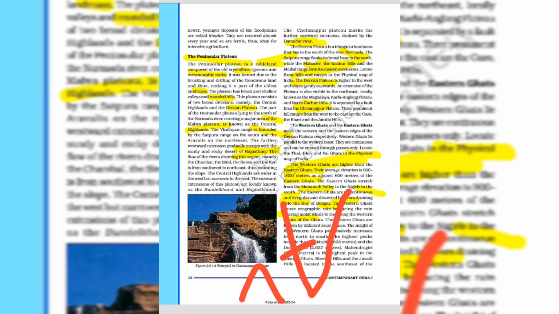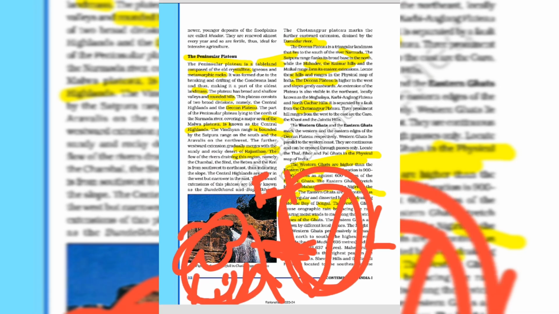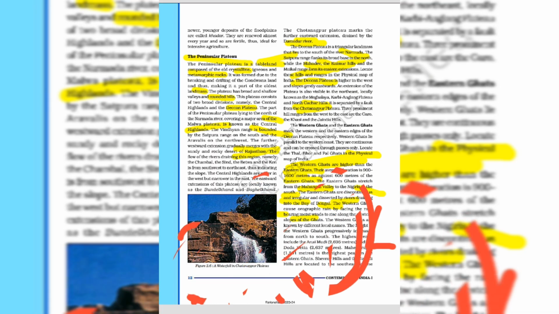This part is high and this part is low. So the cloud which forms in this region cannot pass over the mountain, and rainfall occurs in this region. This is the windward side, and this is the leeward side where the rain does not occur. So this is the orographic rainfall which is seen in the Ghats.